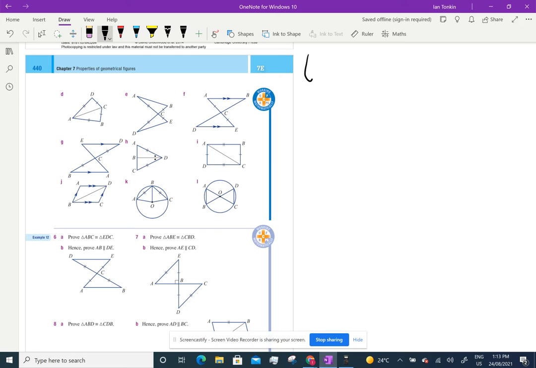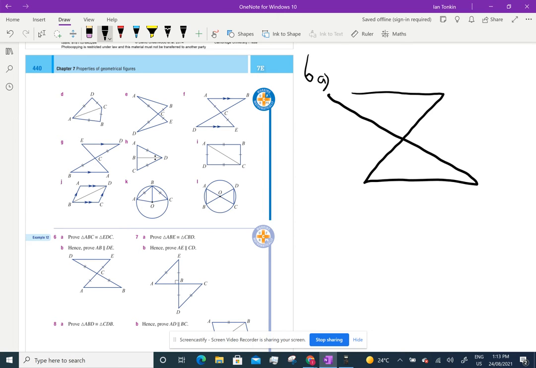So question 6A. Now there are some symbols here. So the first thing I want you to do, draw the diagram. The diagram is terribly, terribly important. So as neatly as you can, freehand will do. That looks like it.